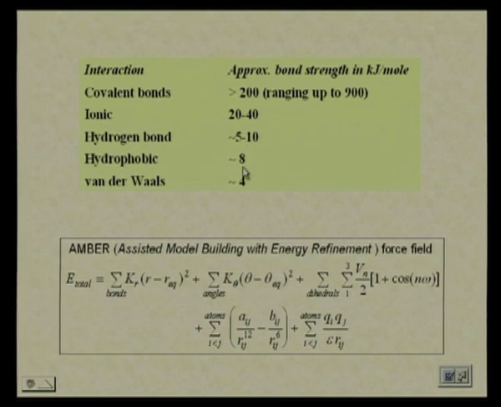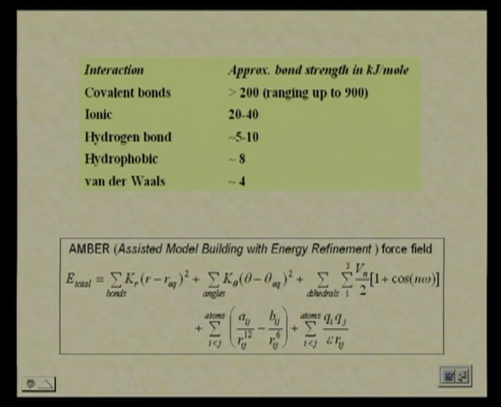Hydrophobic are 8, van der Waals are approximately 4. But when we consider a combination of the large number of hydrogen bonds, van der Waals or hydrophobic interactions that are possible, they add up together, making it a strong folded structure because of the multitude of interactions.